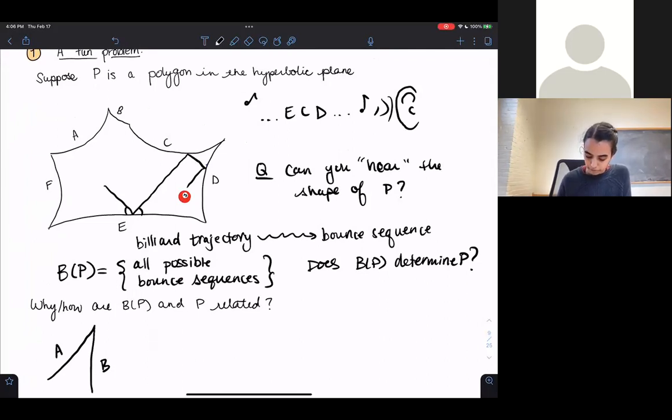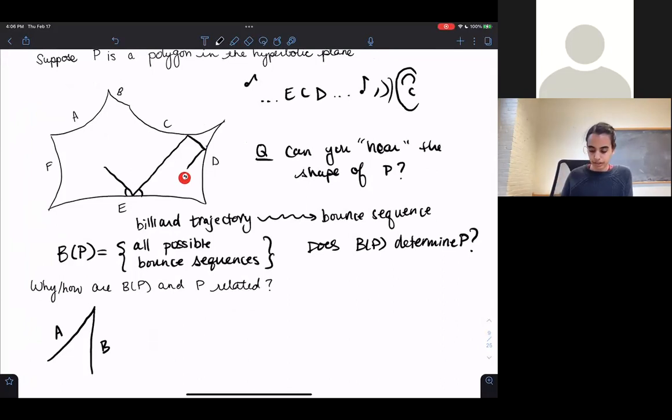And if I shoot my billiard ball in towards this corner, like this, notice that it's possible for it to bounce off A and B a few times before it leaves this corner.